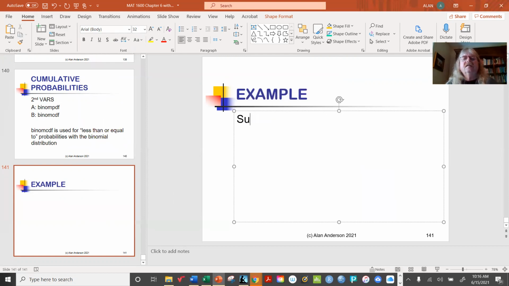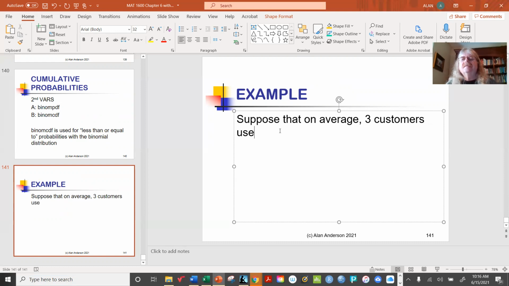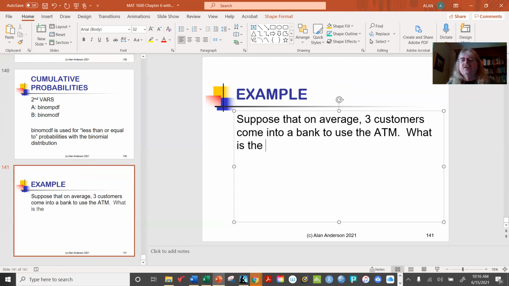So suppose that on average, 3 customers come into the bank to use the ATM. Okay, so there's one out in the lobby, and people come in the door for the sole purpose of using the ATM. What is the probability? So we'll do 2 things.